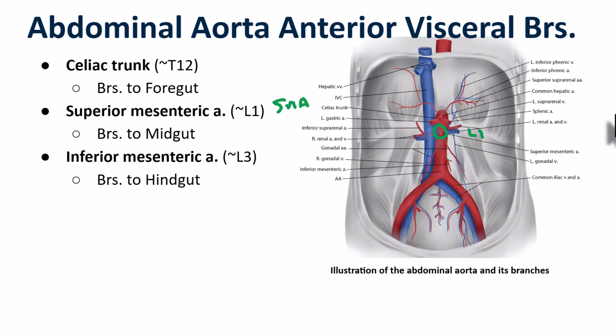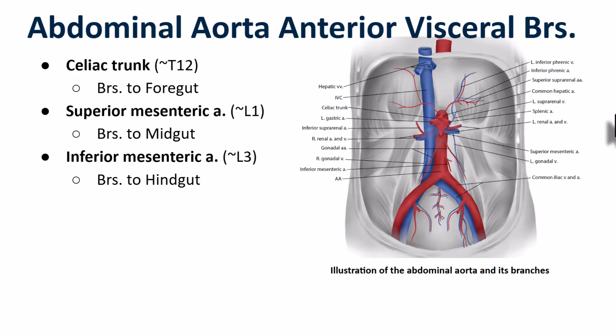So we're talking about the distal duodenum, the jejunum, and the ileum, all the way up the ascending colon and about 2/3 of the way through the transverse colon, nearly to the splenic flexure. That's all supplied by the superior mesenteric artery. So those are midgut derivatives. There are some anastomoses between the celiac trunk and the superior mesenteric artery, but we will not be going into that level of detail here.